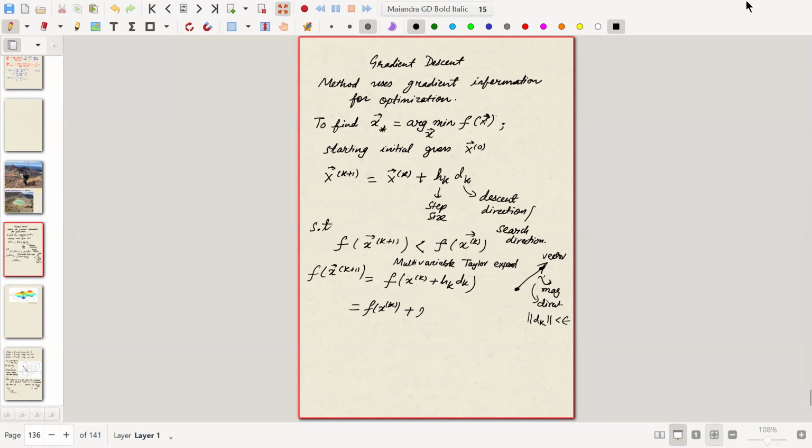Then from the Taylor series expansion, there will be this quantity. Don't think this is hard. It just follows your normal Taylor series expansion. Here you would have taken d by dx. Instead of d by dx, I just took the gradient. And then you will obviously have a higher order term of hk square.